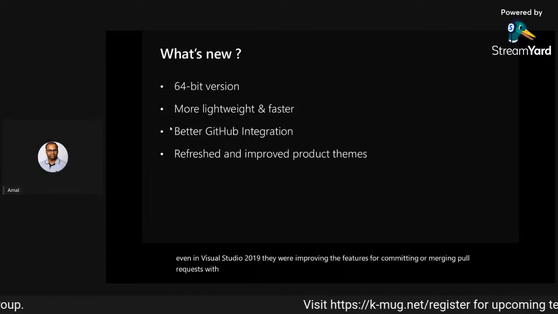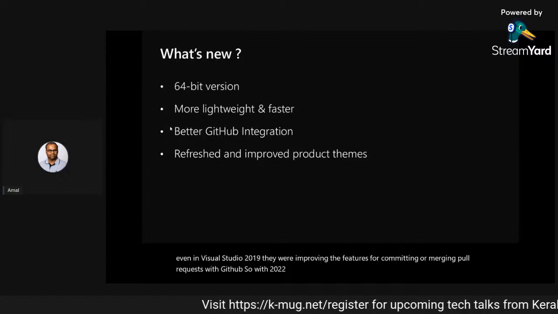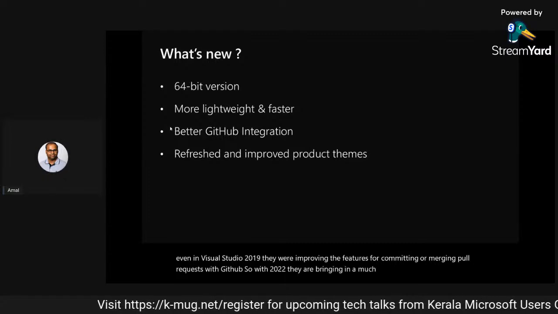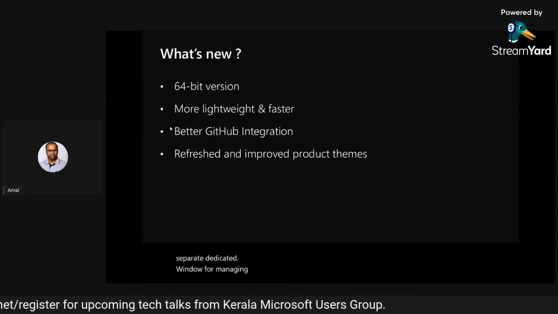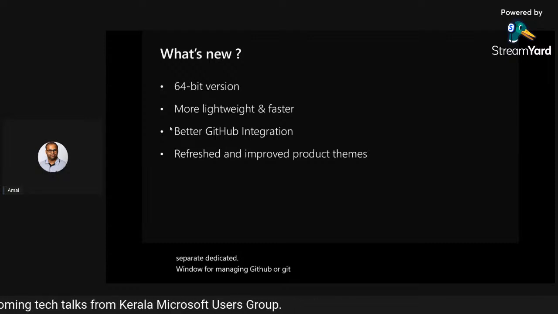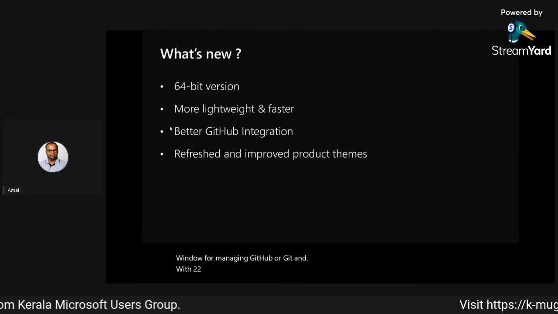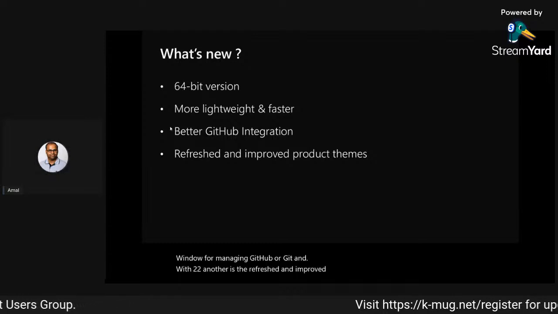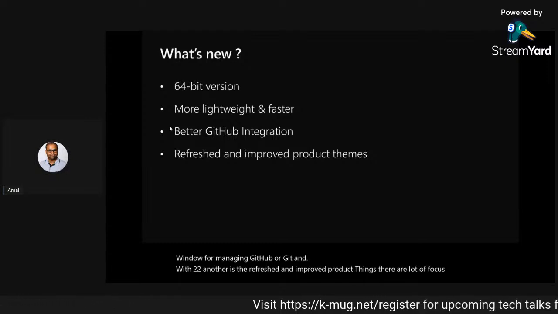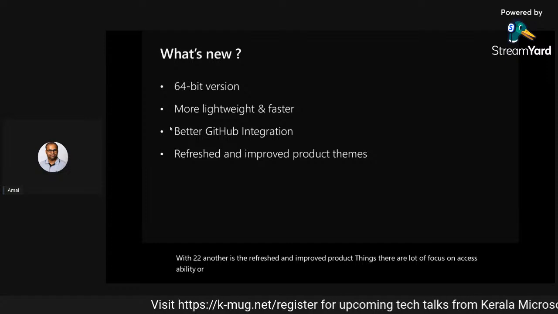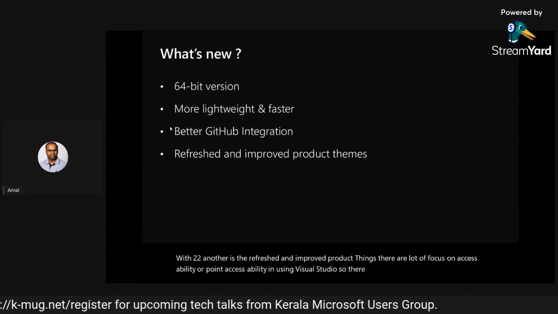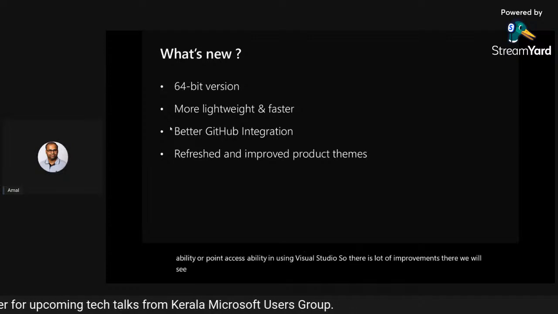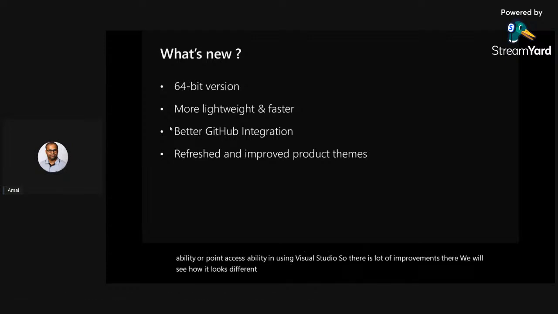So with 2022, they are bringing in much more features. It has now got a separate dedicated window for managing GitHub or Git, and another is the refreshed and improved product themes. There is a lot of focus on accessibility in using Visual Studio. We will see how it looks different, and how people with disabilities can easily use the product.